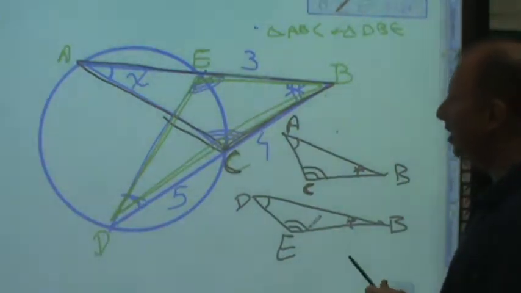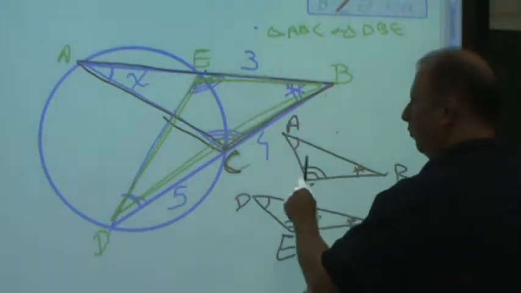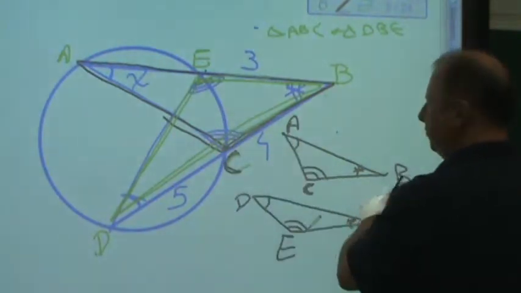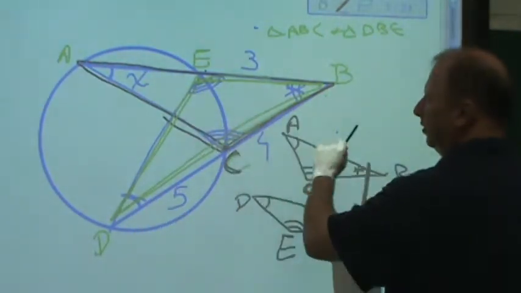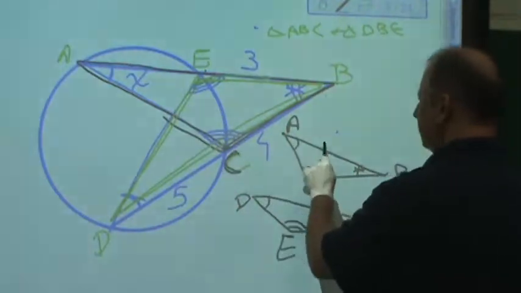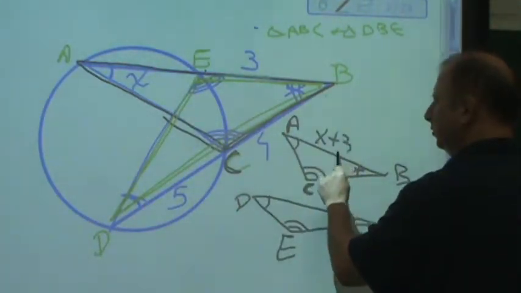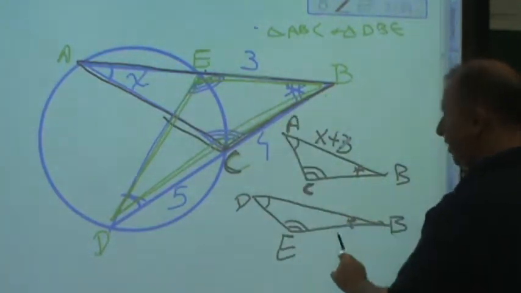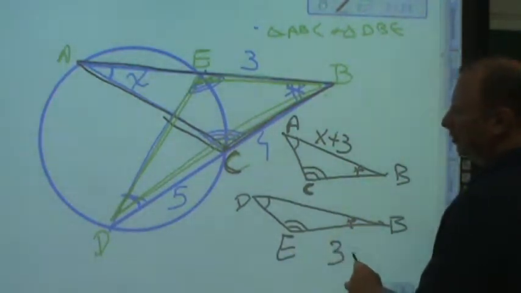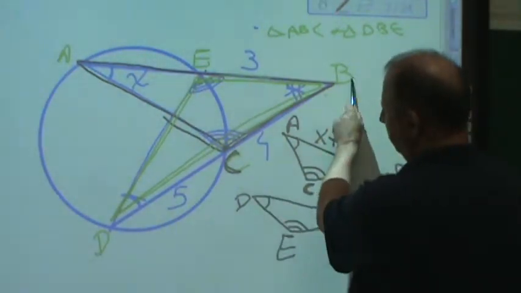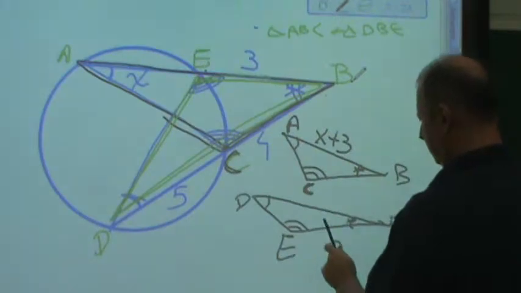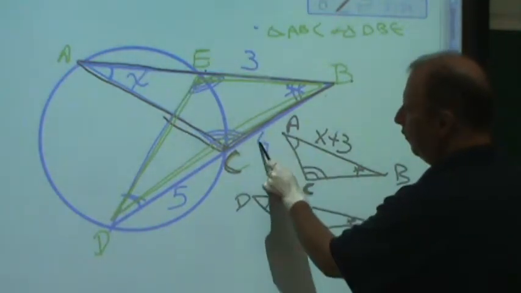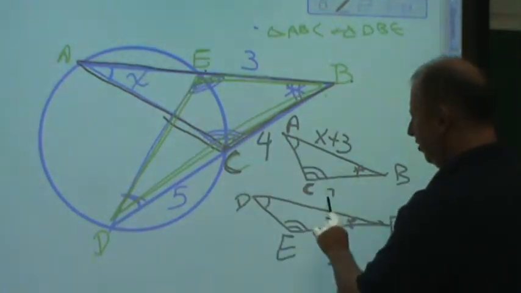And let's look at what we have. We're going to work with AB. The length of AB happens to be x plus 3. BE happens to be 3. BD happens to be 4 plus 5, which is 9.